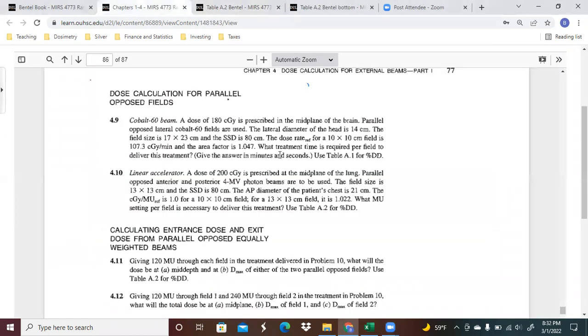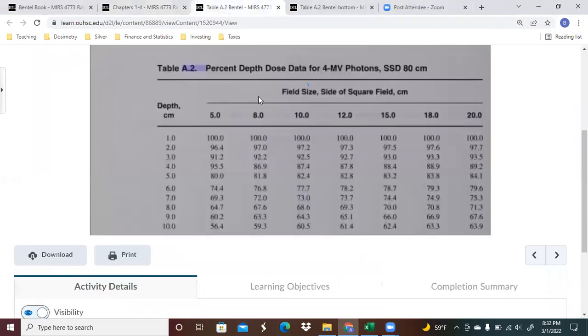Also, the AP diameter of the patient's chest is 21 cm. If we cut that in half, which is the midplane where we're prescribing, it's going to be 10.5. Does that mean that we get to use this line here? Not so much, at least not straightforwardly.